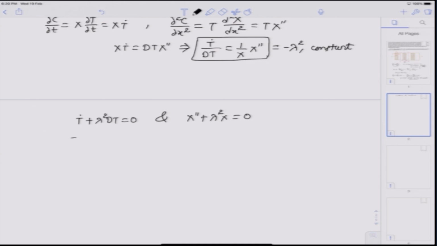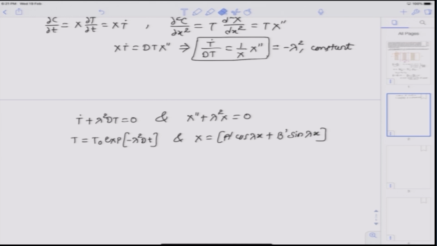So, the solutions for T and X are, T is equal to T0 exponential minus λ² D t, and for X the solution can be A' cos λx plus B' sin λx. Now, this will be true for a large number of values of λ, and the linear combination of the solutions will also be a solution.